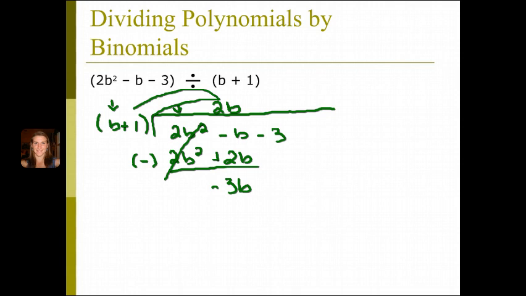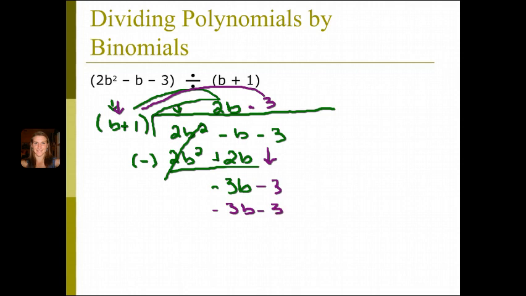Now I need to think, bring down my minus 3, okay? And I need to think, what can I multiply b by that gives me negative 3b? Well, that's negative 3. So negative 3 times b is negative 3b. Negative 3 times 1 is negative 3.